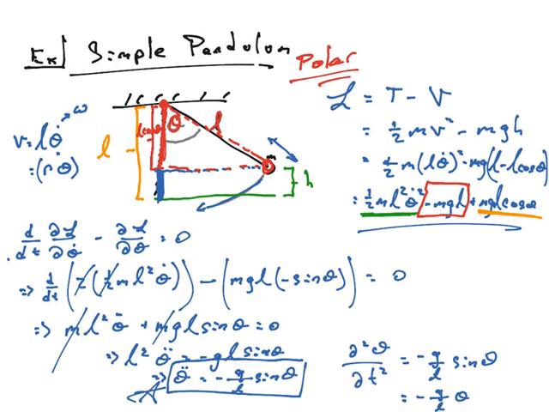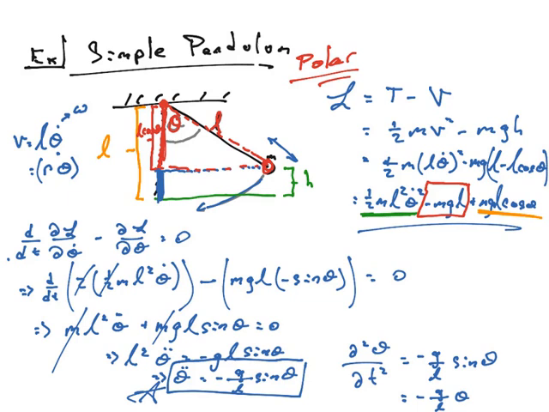With this problem, this is a two-dimensional problem. So if we try to use Cartesian, then I'd have x direction stuff and y direction stuff. That's fine, no big deal. My kinetic would be 1/2 m x dot squared plus 1/2 m y dot squared. My potential energy would be mgy. And then I'd be left with two sets of the Euler-Lagrange equations. One for the x stuff, one for the y stuff.